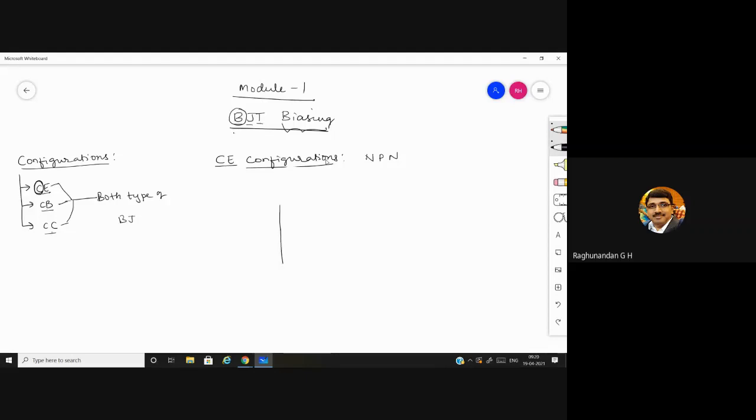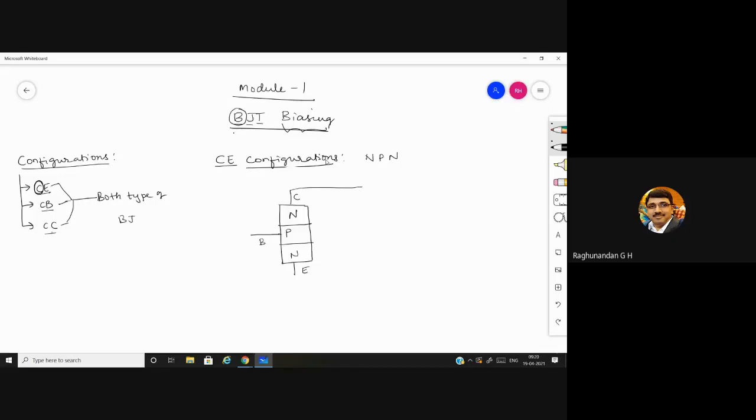Let us first write the block diagram approach. NPN, base, emitter, collector.